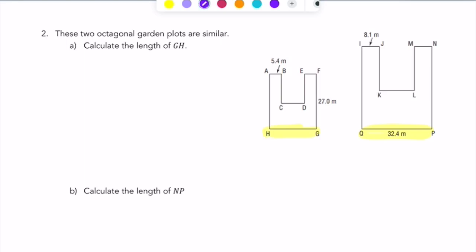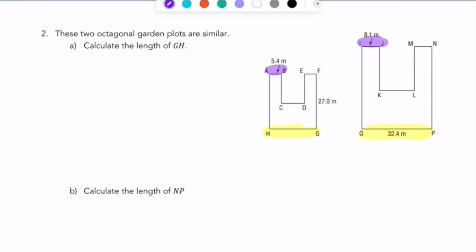Now, to be able to find those missing lengths, I need to know the scale factor first because I know the scale factor is going to be the same everywhere because I know they're similar. So I want you to find 2 sides, one on each of these shapes, that I could use to help me find the scale factor. Did you do it? And if you did, you get these ones? AB and IJ. Well, if you did, props to you.